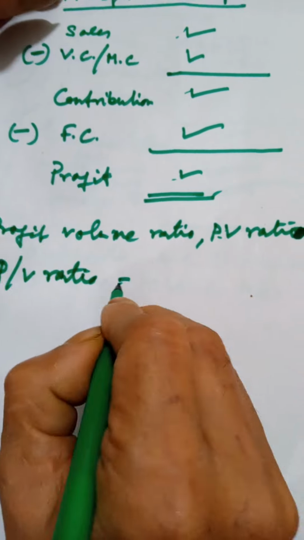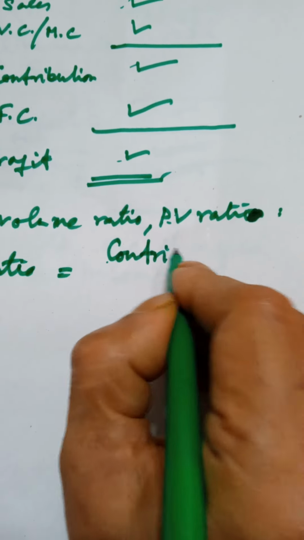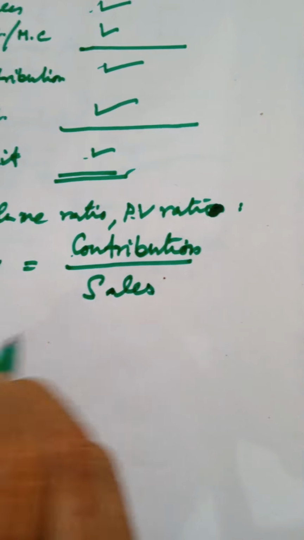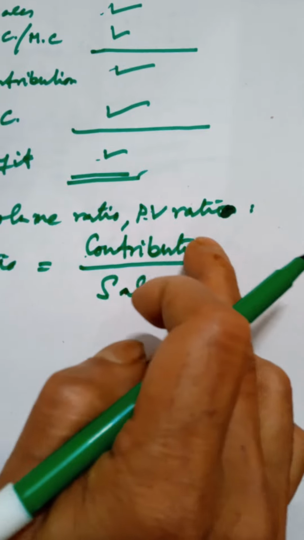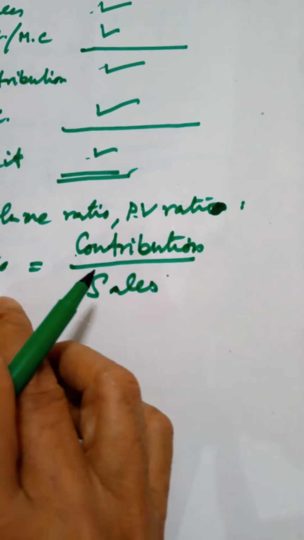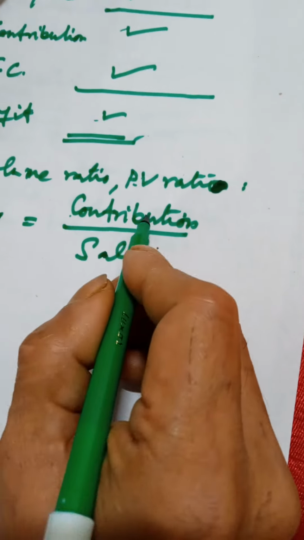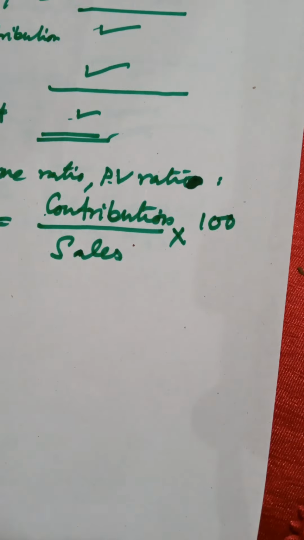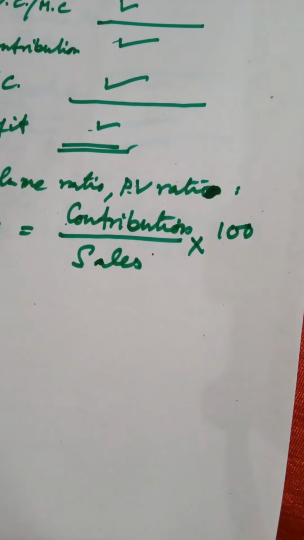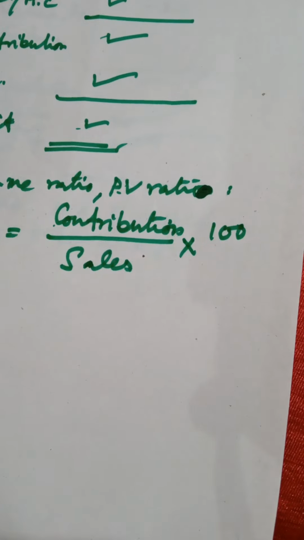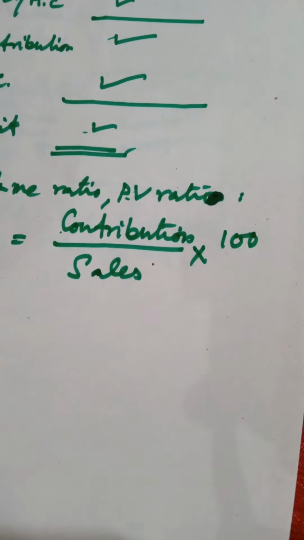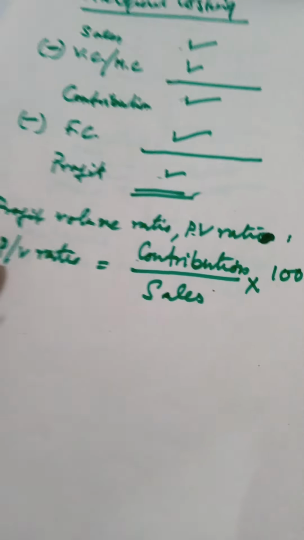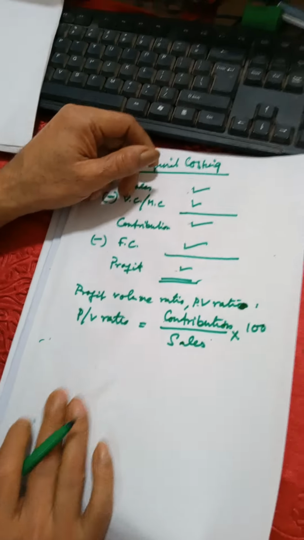PV ratio is equal to contribution by sales, and it is expressed as a percentage. So contribution by sales into 100. Now sales is made of contribution and variable cost. So the counterpart of PV ratio is the ratio of variable cost to sales. Okay.